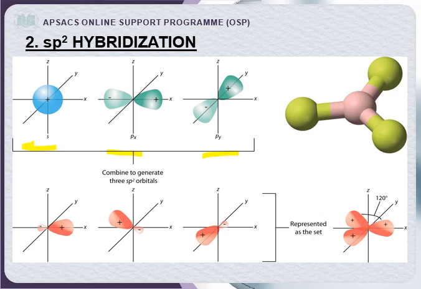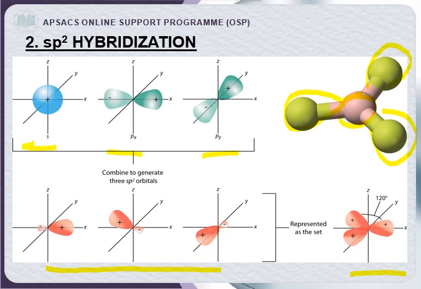These three hybrid orbitals assemble in such a fashion that they produce a trigonal planar geometry around the central atom. Here is the central atom around which these three orbitals assemble with an angle of 120 degrees between them, giving trigonal planar geometry.